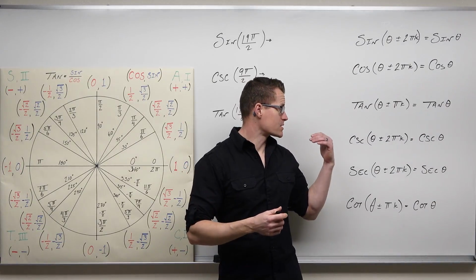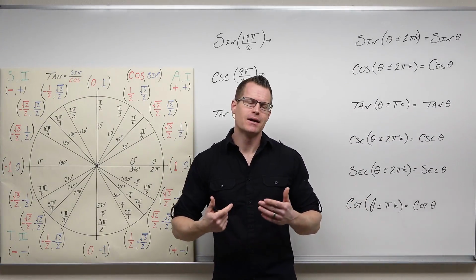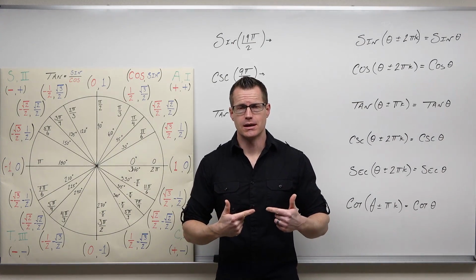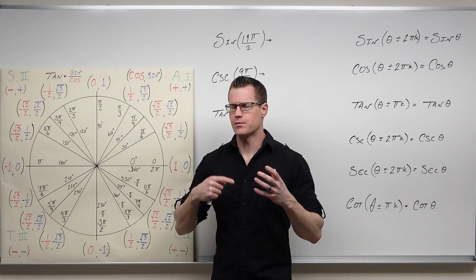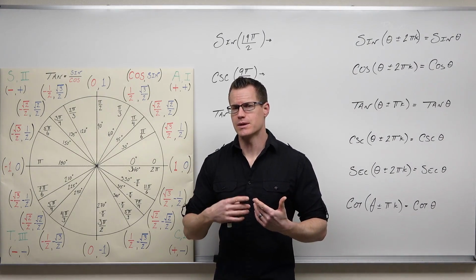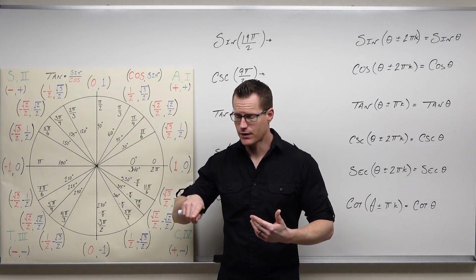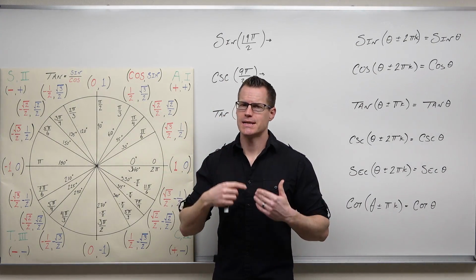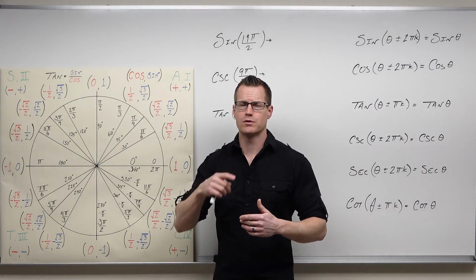So one thing this allows us to do is, instead of counting full revolutions and things like that, we can really easily translate things that are outside of our normal interval from 0 to 2 pi into something on there. Because we know all our periods, we know that sine, cosine, secant, and cosecant repeat every 2 pi, and tangent and cotangent every pi, every half revolution, and every full revolution counted respectively.